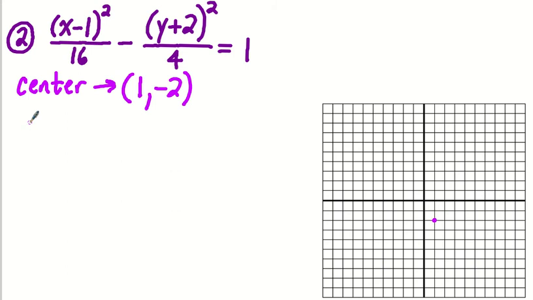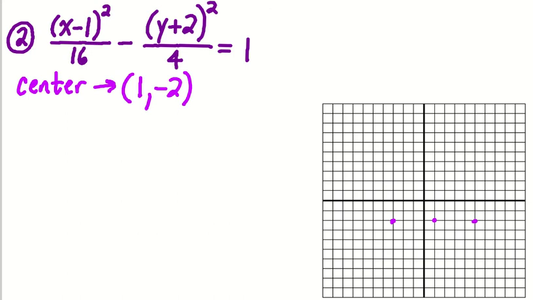In this case, my A value is 4, and again, we're opening left and right.